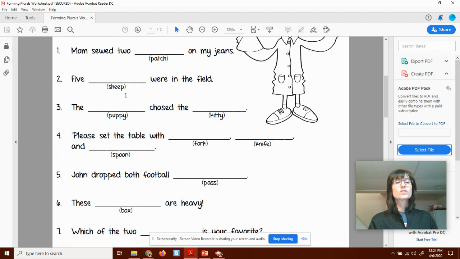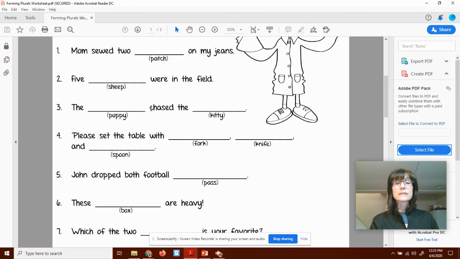5 sheep were in the field. How would I make sheep plural? Well, if I add an S, it's sheeps. No, that's not right. There is something special about fish and sheep. And that's right. They stay the same. So we would have 5 sheep were in the field.